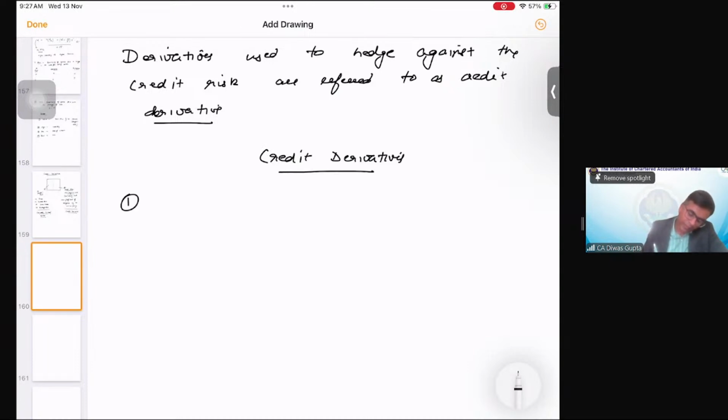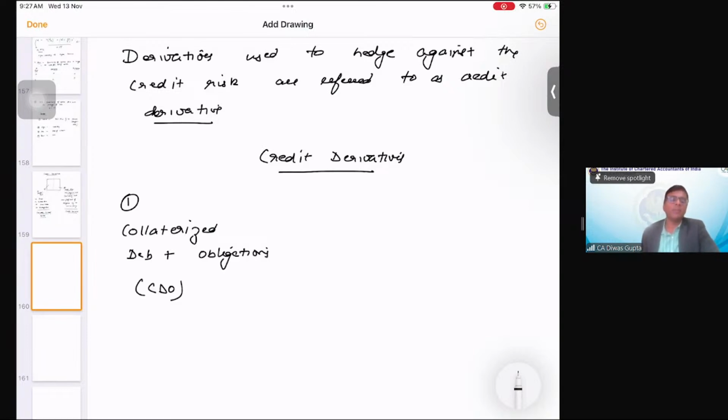One, collateralized debt obligations, which we call CDOs.